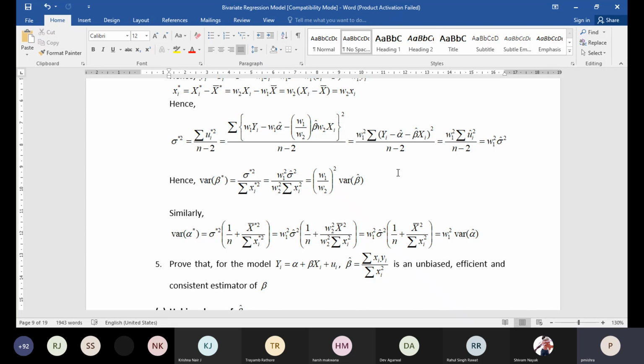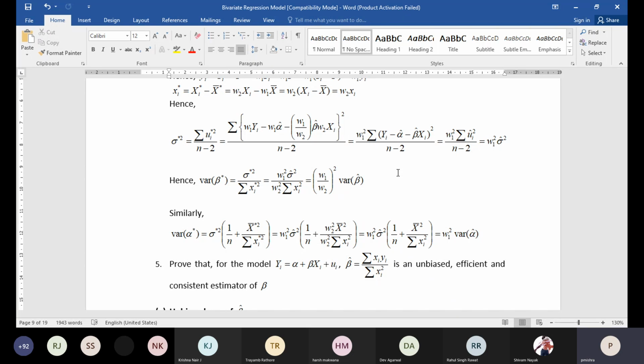Okay. So let me just tell you the purpose of doing this. What we have done earlier, we have tried to see how the OLS estimators of the coefficients change following the change in origin and scale of the variables.